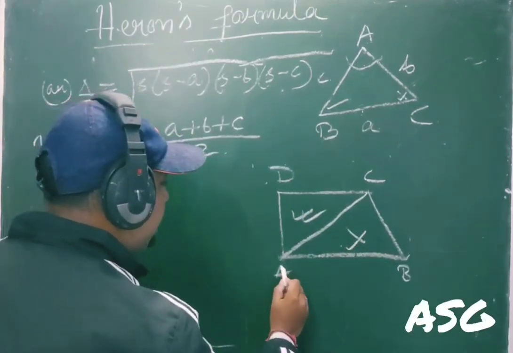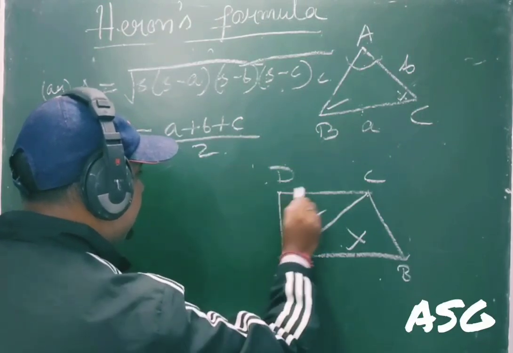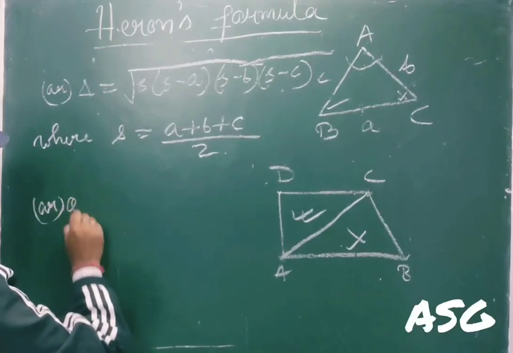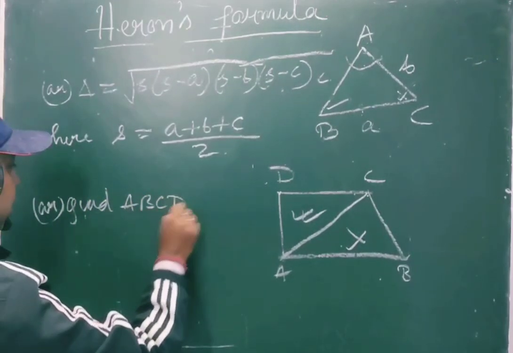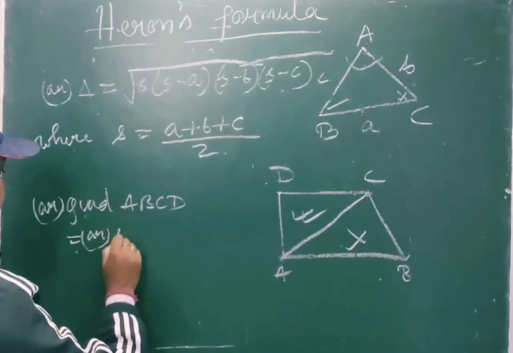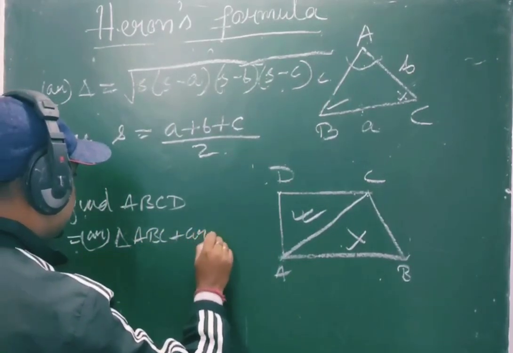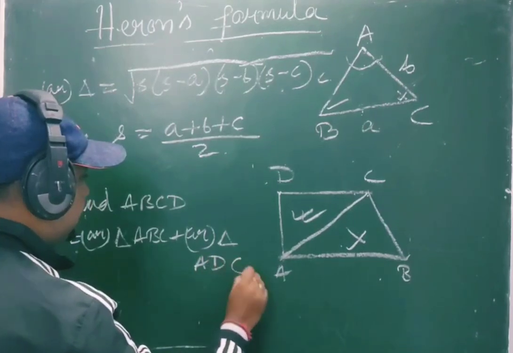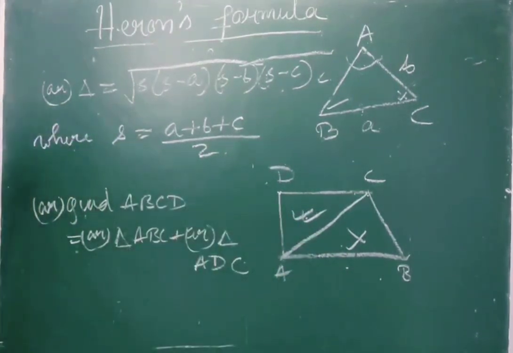The triangles are ABC and ADC. So the area of quadrilateral ABCD is equal to area of triangle ABC plus area of triangle ADC.